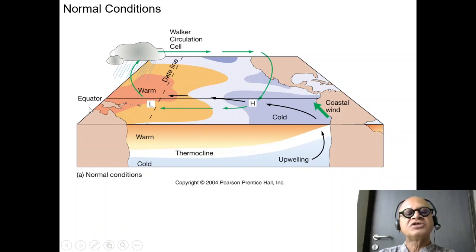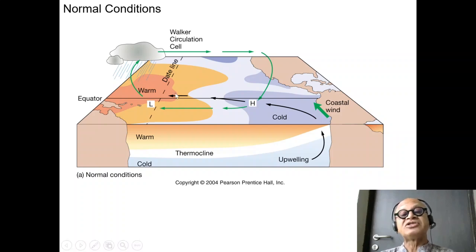Once in a while, this became anomalously low, anomalously high, this became anomalously low, and that seemed to correspond to the droughts in the monsoon. So he called it the Southern Oscillation because both Darwin and Tahiti are in the south of the equator, right? So it's only after a long time in the 1960s that Jakob Bjerknes figured out that actually El Nino and the Southern Oscillation are the same.